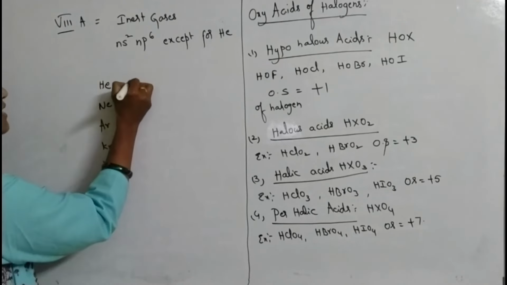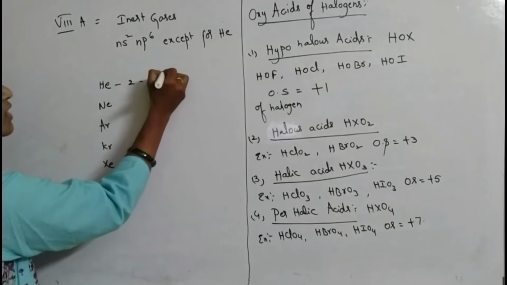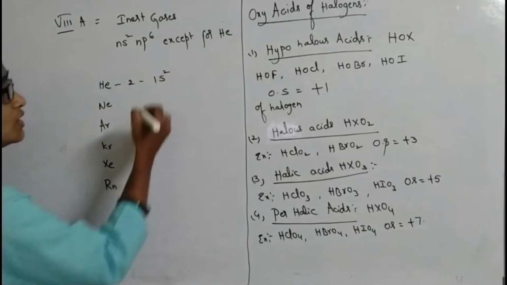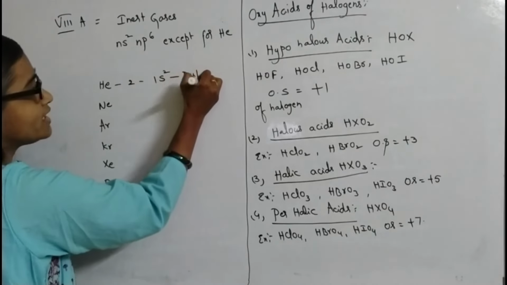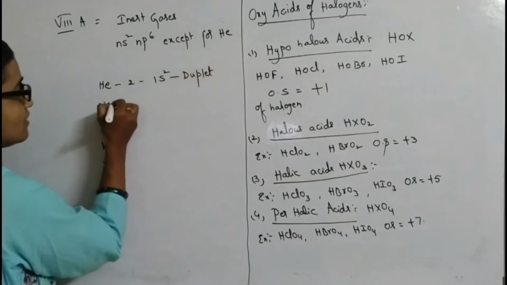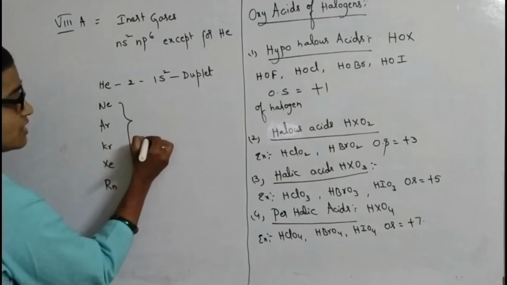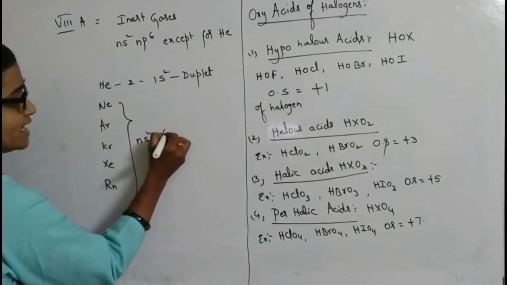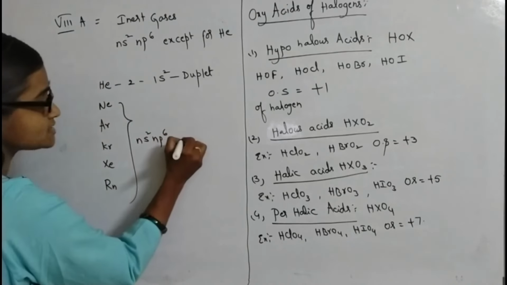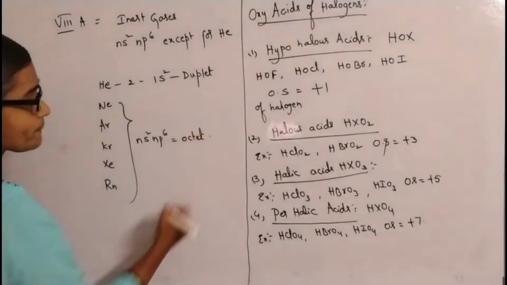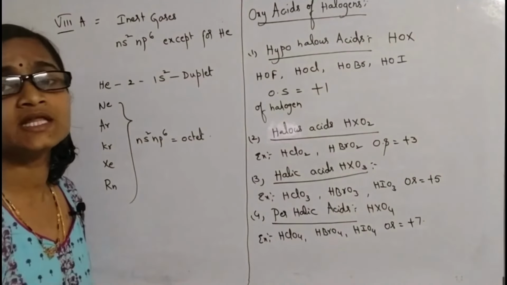Helium has atomic number 2 and electronic configuration 1s2, which is called a duplet configuration. All the other elements from neon to radon have the general configuration ns2 np6, called the octet configuration, with 8 electrons in the valence shell.